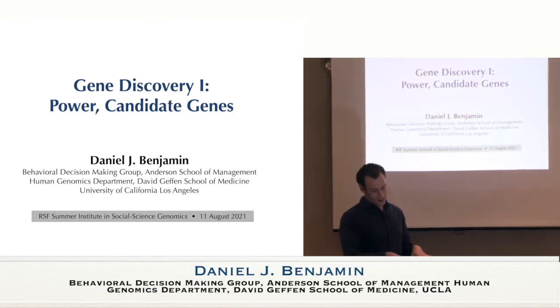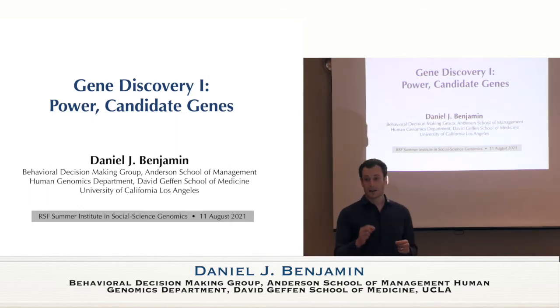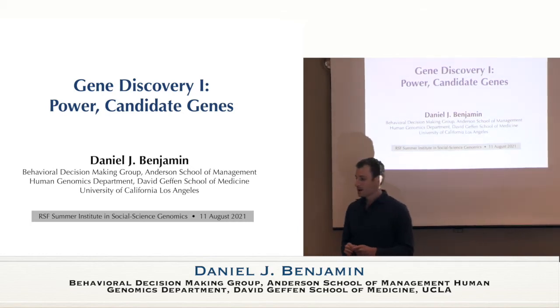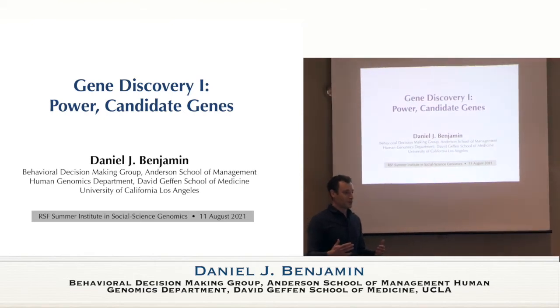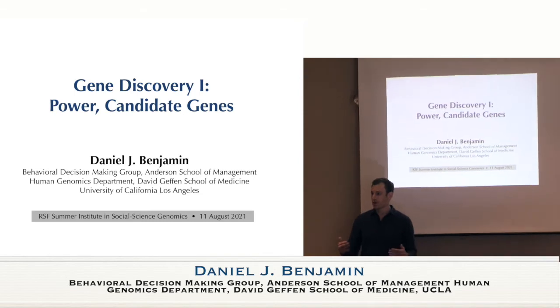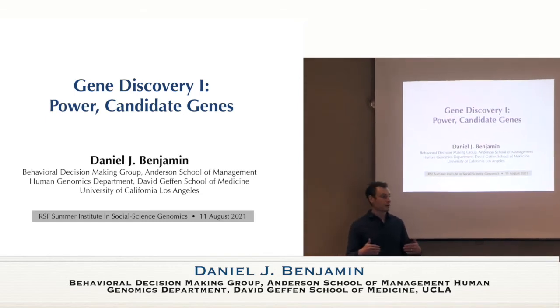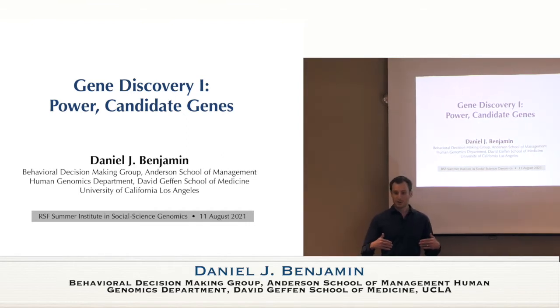This lecture and the next one that I'm going to give are about approaches to gene discovery, which is about how to identify the links between specific genetic variants and phenotypes that we're going to be interested in. I'm talking about it not because we think that's something you're going to go out and do, but because it's important to understand how we learn about those links, since you're going to presumably be doing applications that build on the knowledge that we have from gene discovery.